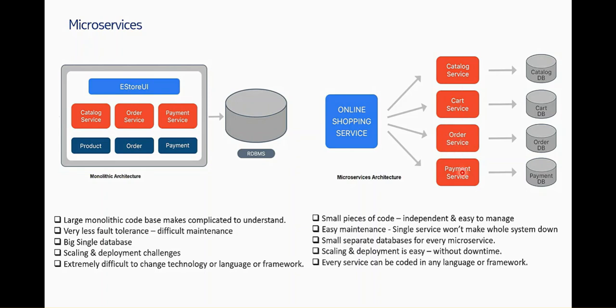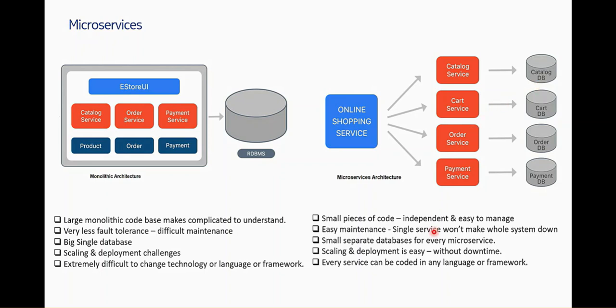You can easily identify that this particular service has a problem and fix it. Every service has its own database, so there are separate small databases for each microservice. Just like the code, if you have a problem in one of the DBs, you can fix it.